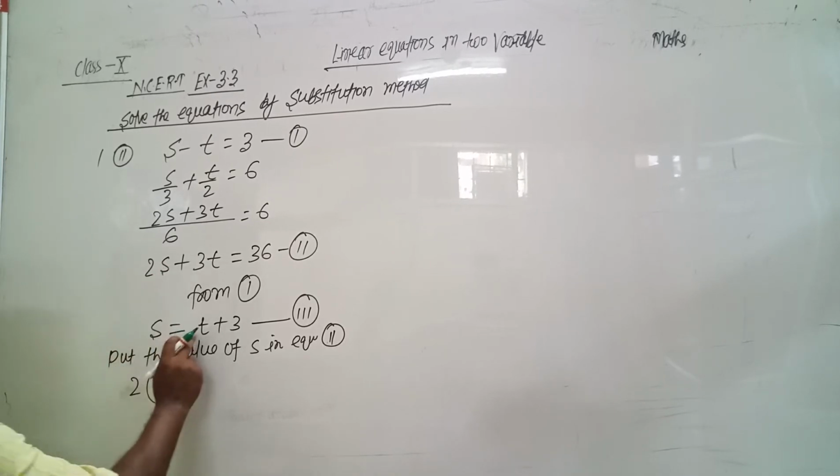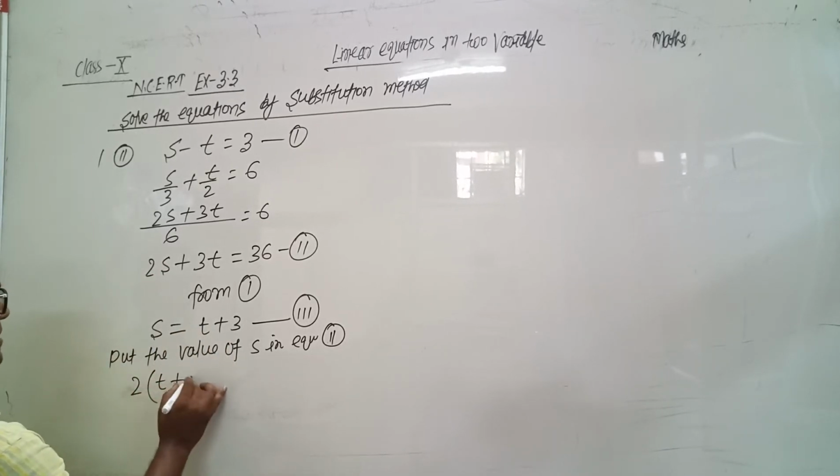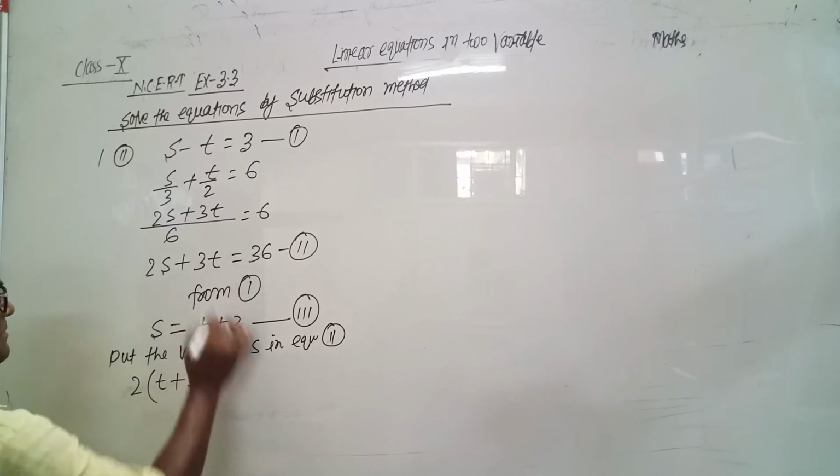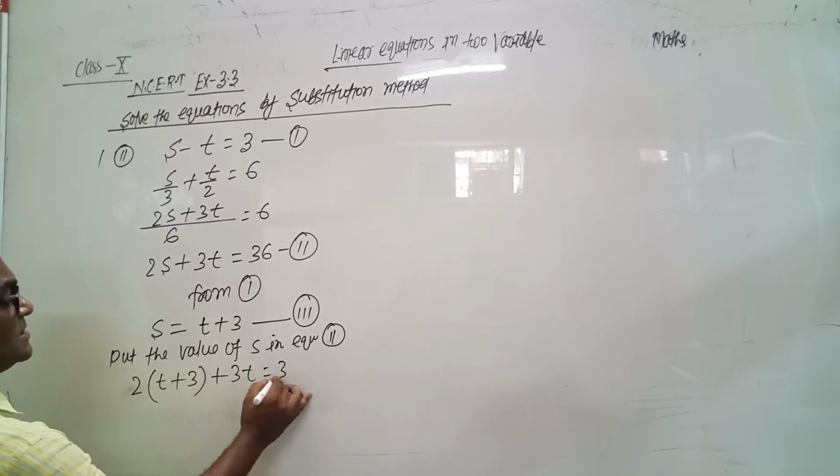So 2s, and the value of s is t plus 3. So 2 into t plus 3, plus 3t equals 36.